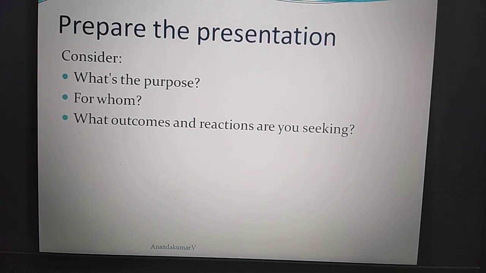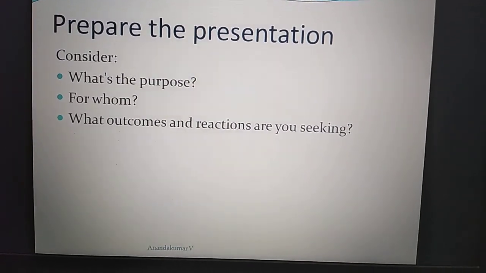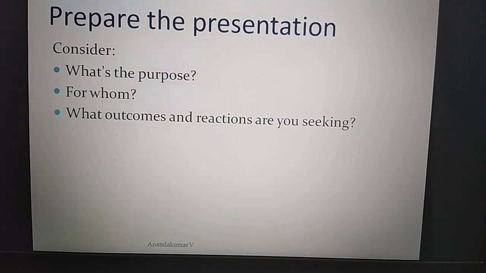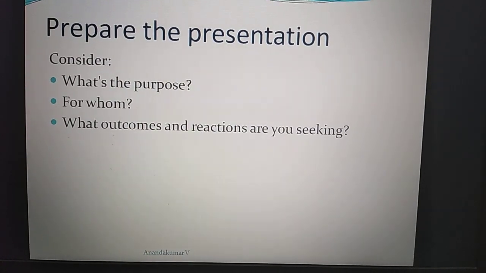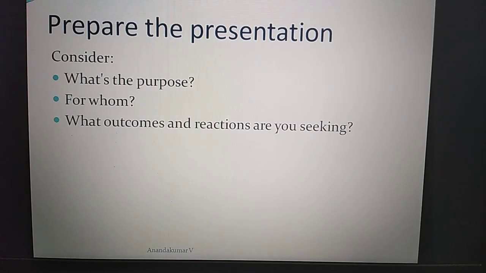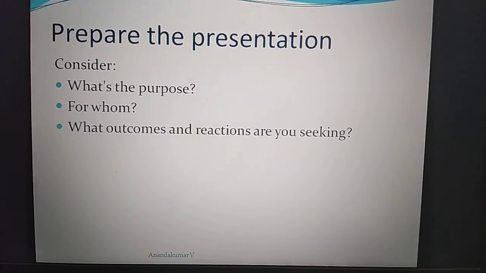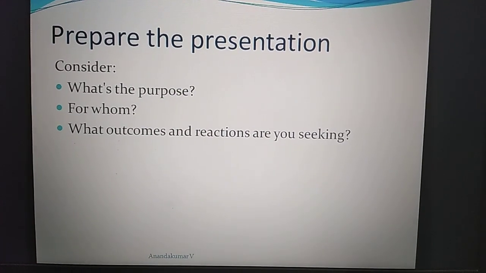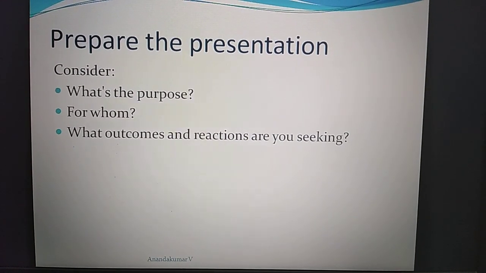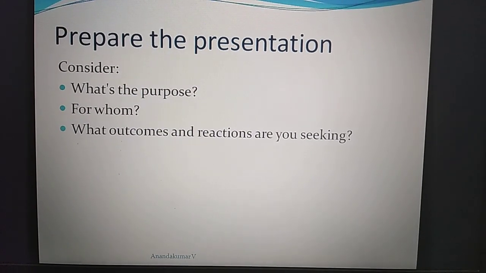Then the third point in the slide: what outcomes and reactions are you seeking? So this is a sequential step-by-step process, there is no doubt. While giving your presentation, such things are to be noticed. Main points are required to make your presentation dignified and effective.